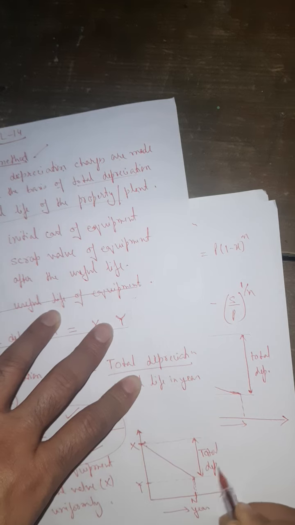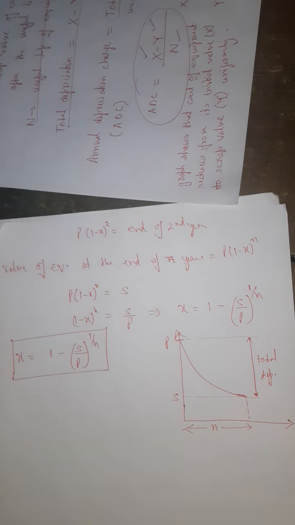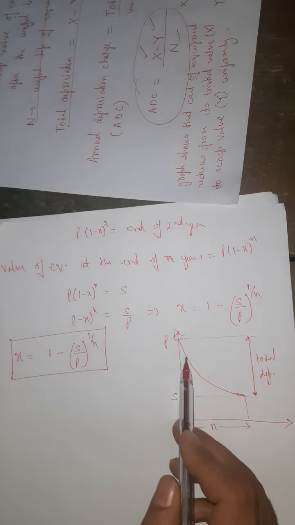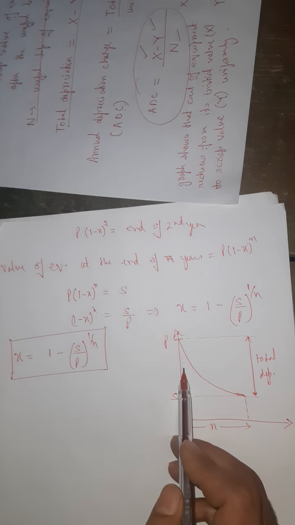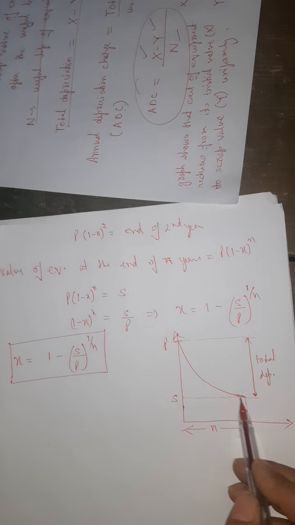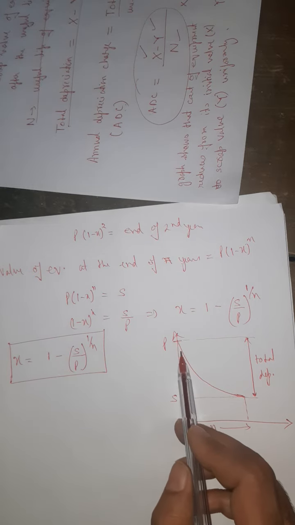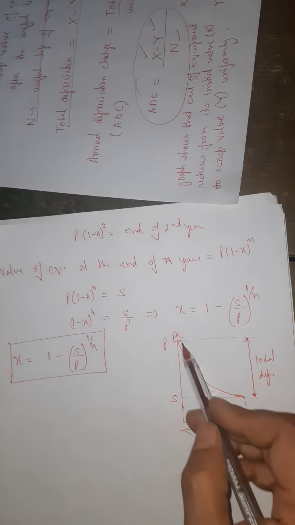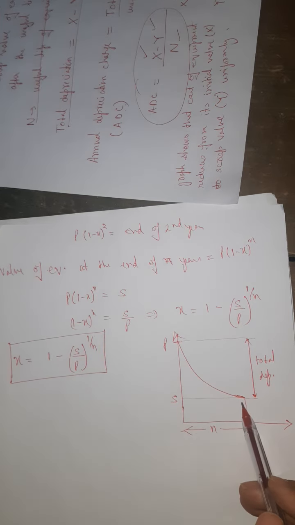Total depreciation. From the graph we observe that depreciation charges are heavy in the early years and decrease to a low value in the later years. Starting के years में depreciation ज़्यादा होगा और last के years में depreciation कम होगा, which is clear from the slope of this line.